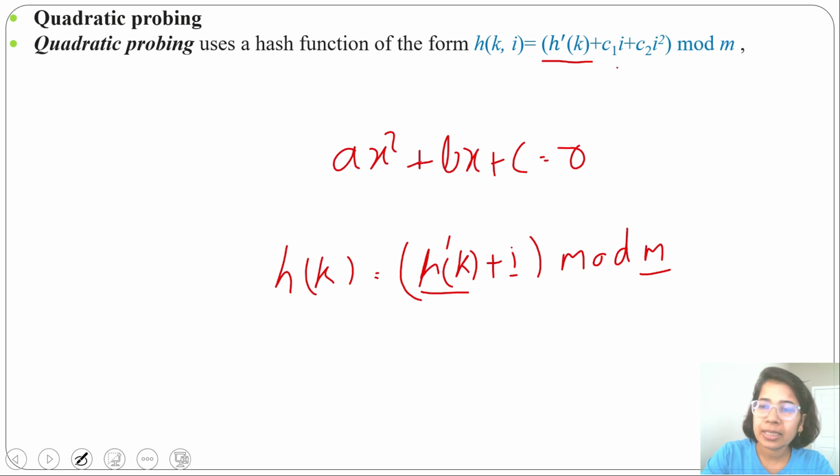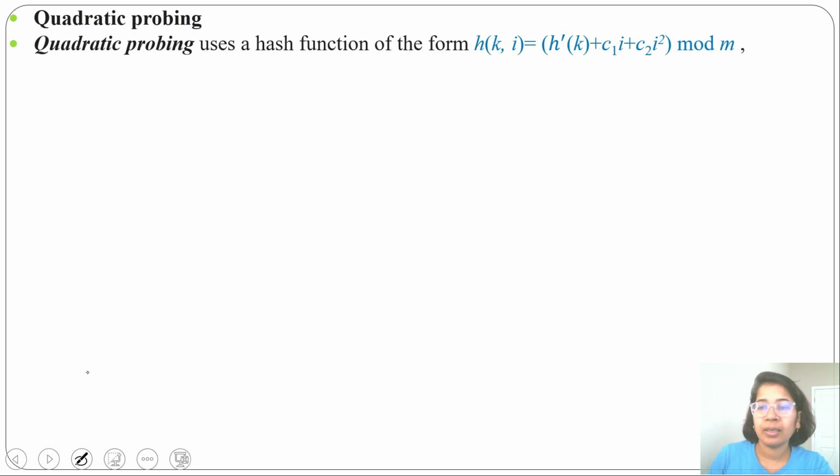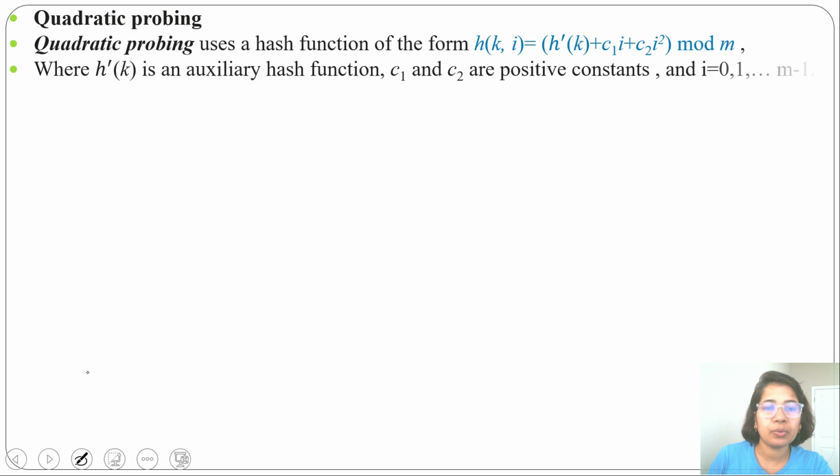Here this i equals x, so c2·i² + c1·i + h'(k). Due to this format, the name is quadratic probing. Here c1 and c2 are some positive constants. i ranges from 0 till m minus 1 and h'(k) is the auxiliary hash function.